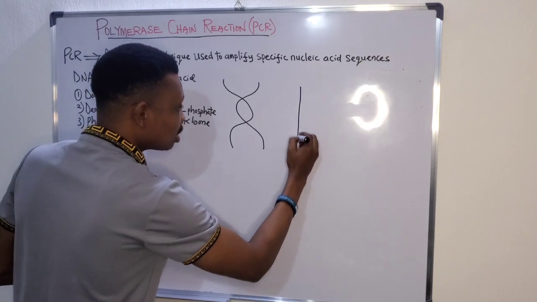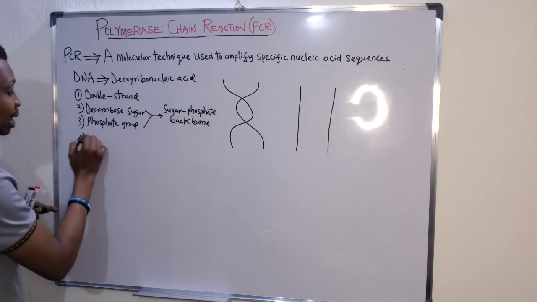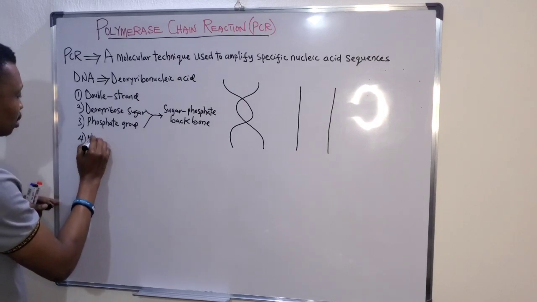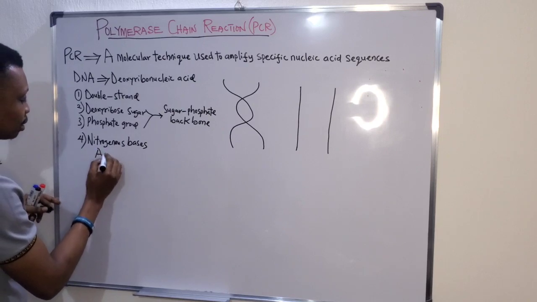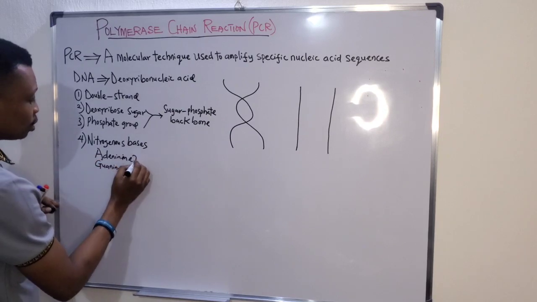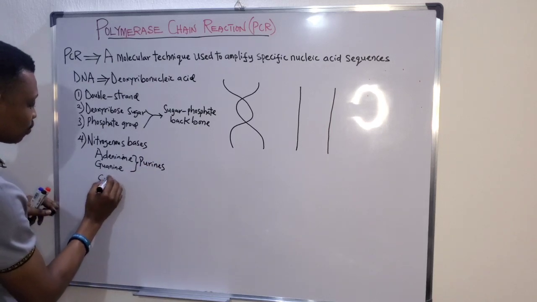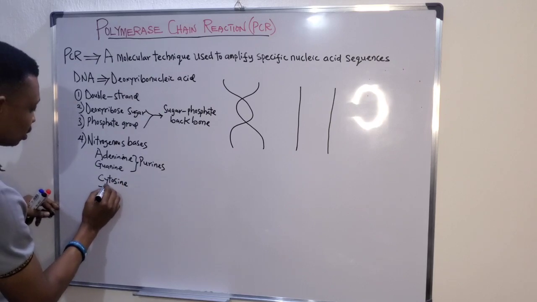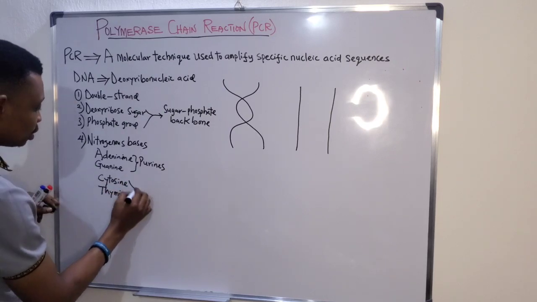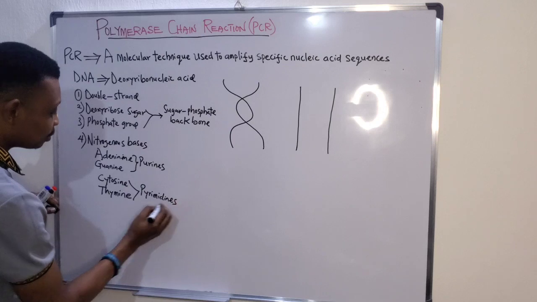We have double strands like this. The next one is nitrogenous bases. The nitrogenous bases include adenine and guanine, which are the purines, and then cytosine and thymine, which are the pyrimidines.